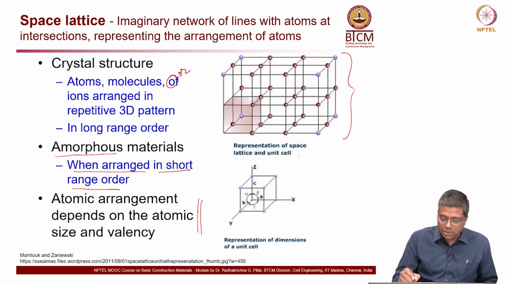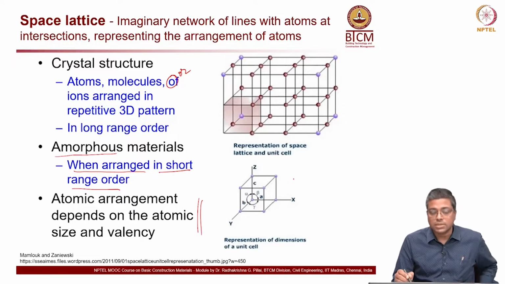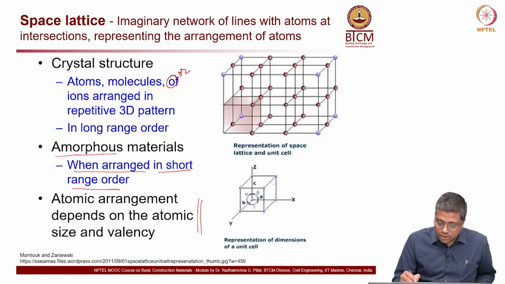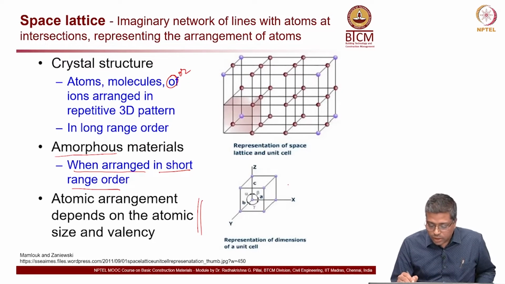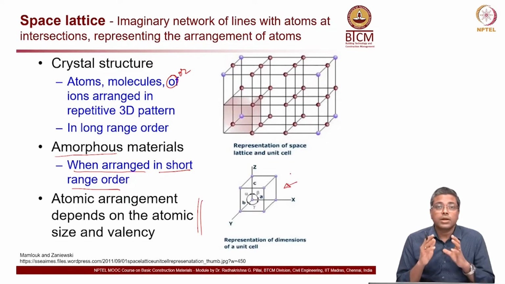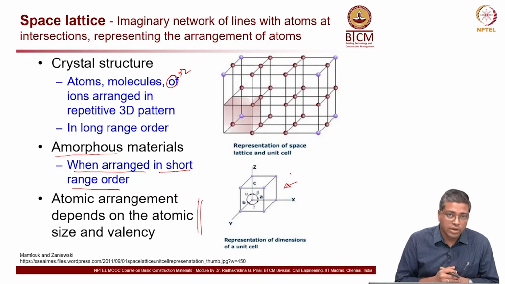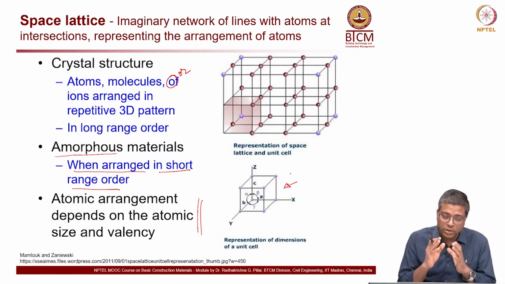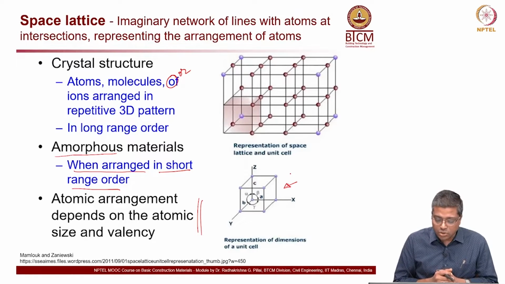You have this representation of the space lattice in the top right diagram, and each cubical region, or each unit cell, it is not necessarily cubic, but each unit cell can be explained in terms of the dimensions of each of the edges, and also the angles between those edges.